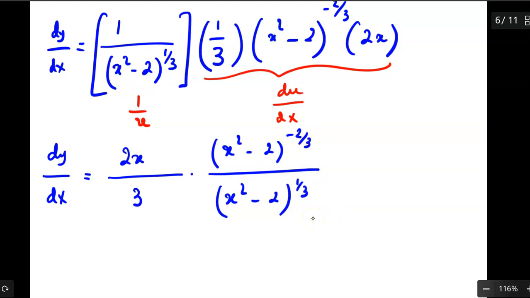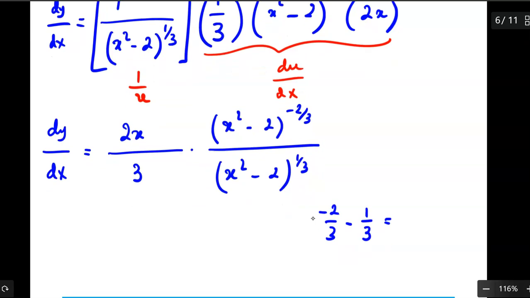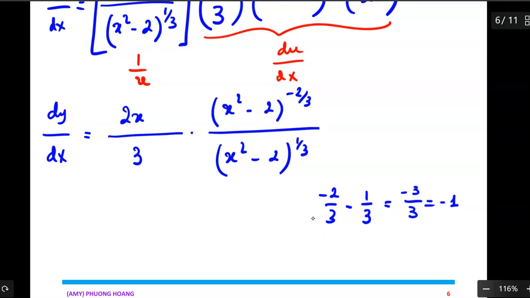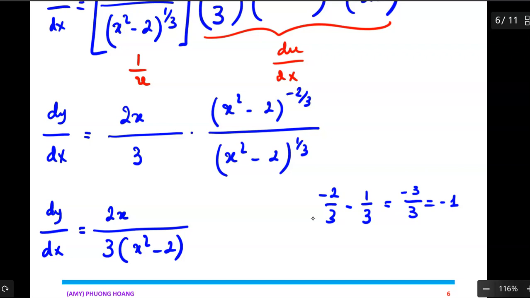So if I bring this one up, I will have negative 2/3 subtract 1/3, which is negative 3 over 3, so I should have negative 1. So simplifying, I should have 2x divided by 3 times x squared minus 2 raised to the exponent negative 1. Then I bring it down to the bottom, making it a positive 1.